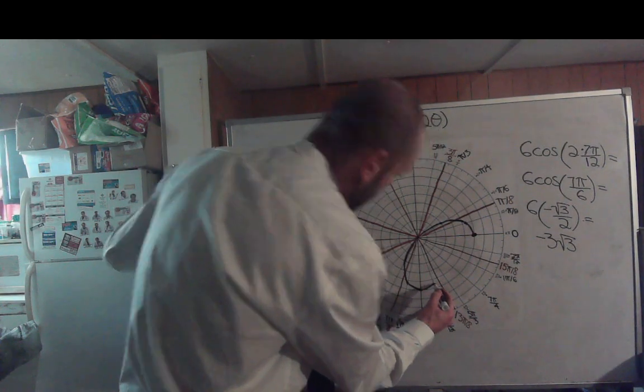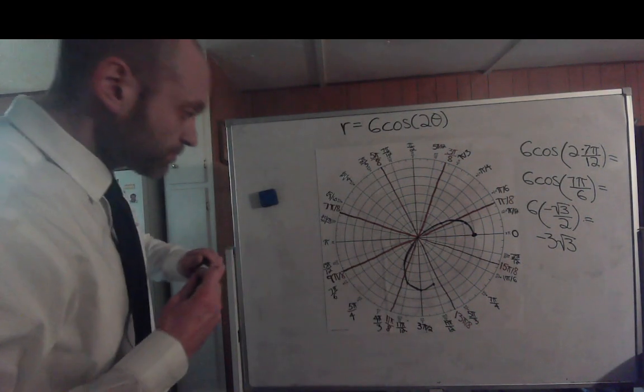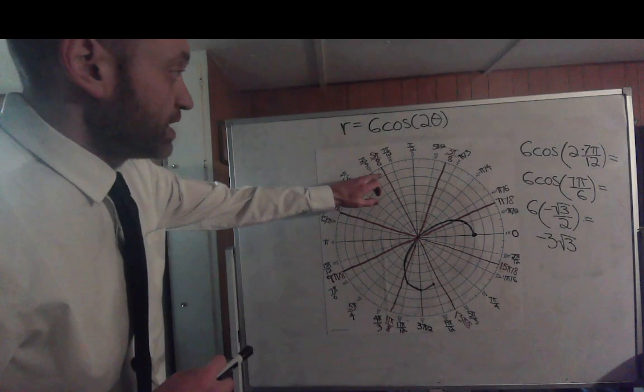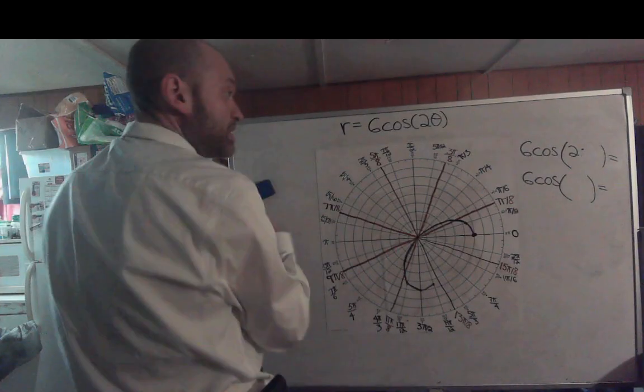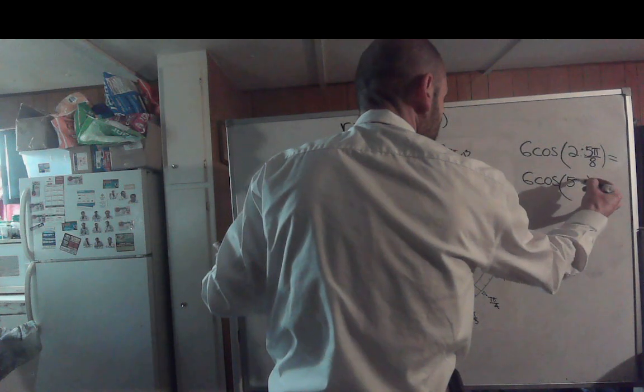Let's connect what we got so far. Then the next special angle should be 5 pi over 8. So what is 2 times 5 pi over 8? 2 times 5 pi over 8, that's 5 pi over 4.